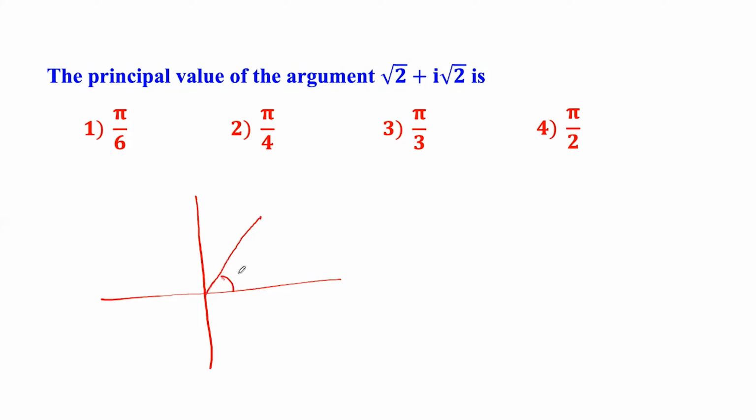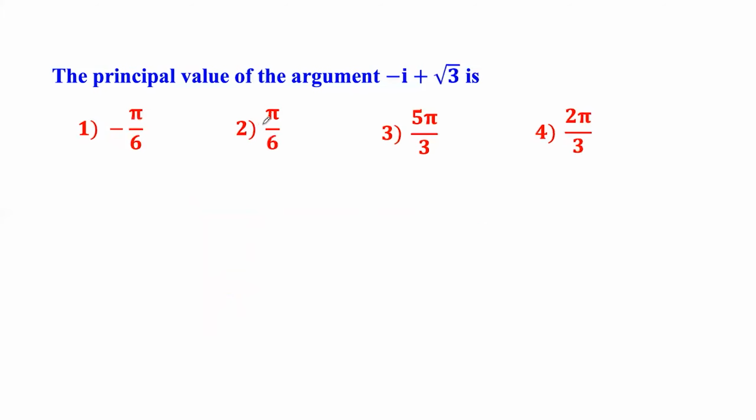So for this angle theta, tan theta is equal to 1, so theta is pi by 4. Since this is in the first quadrant only, the answer will be pi by 4. Quadrant is very important. Magnitude-wise this is 1 only, but this is also in the first quadrant, so directly you are getting the answer.